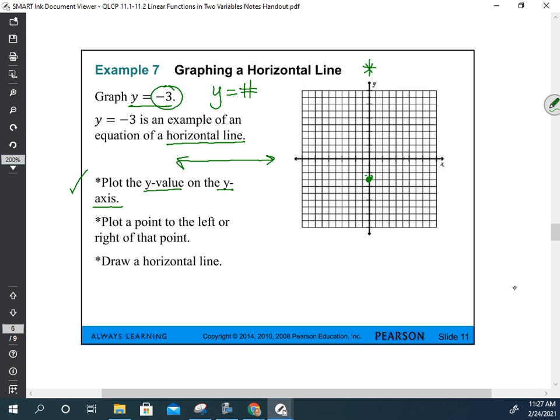Plot a point to the left or to the right of that point. Do you have to do it both ways? No. I did it both ways because I felt like it. Either put one to the left or put one to the right. Draw your horizontal line.